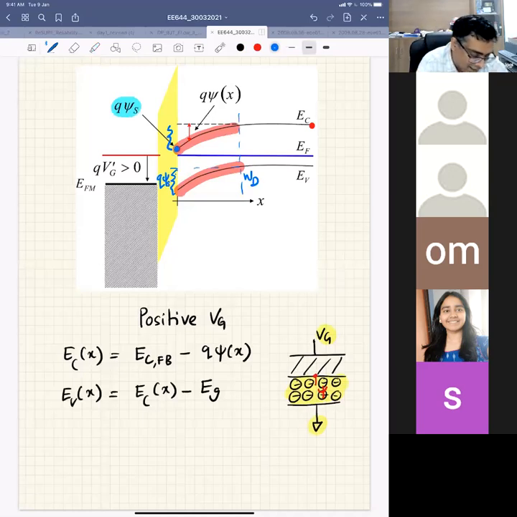And also if you look at the gate, since there is an electric field from gate to the substrate, there will also be a voltage drop in the oxide. And as you discussed yesterday, this is q times Vox.